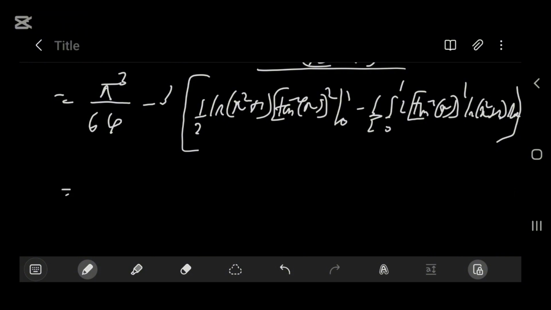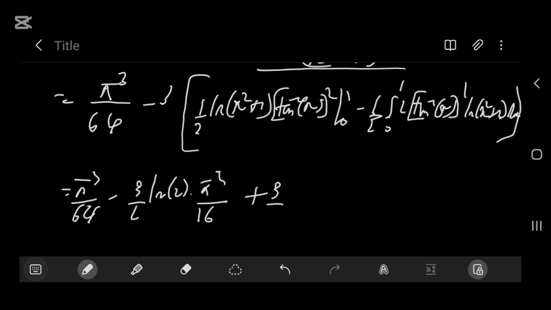Okay, cool. So when plugging in these values, we're finally left with pi cubed over 64 minus 3/2 ln 2 and pi squared over 16, and plus 3/2, and these two will cancel each other out.